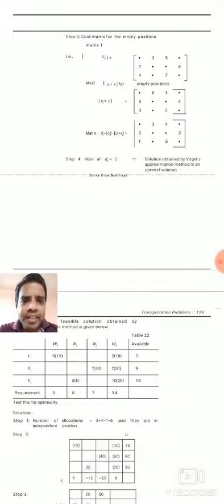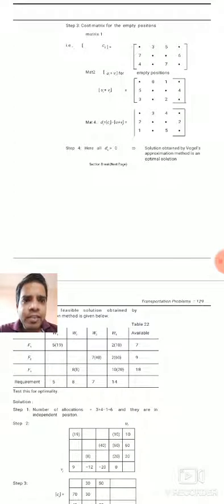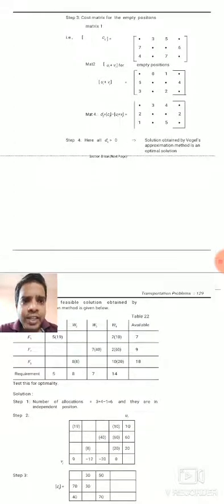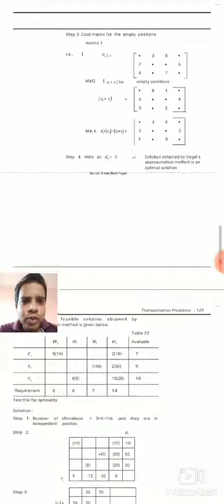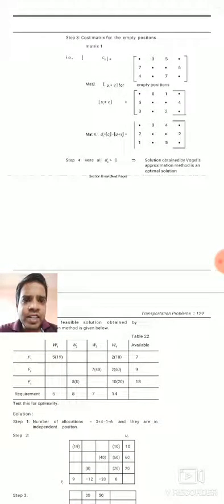Next, coming to matrix 4, we need to compute dij equals Cij minus (ui plus vj); we subtract the ui plus vj matrix from the Cij matrix. We get matrix 4. All values are positive, so all the dij values are greater than 0.